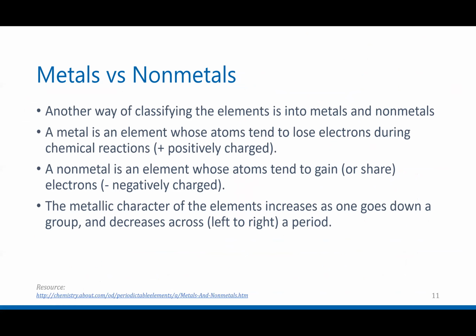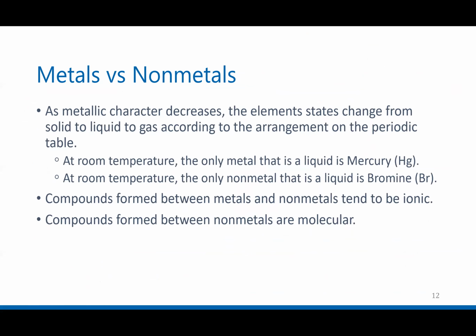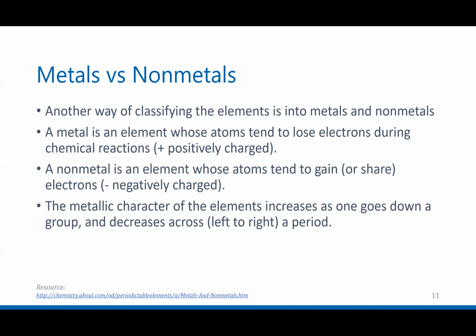I'm going to go a little quick through this because it is on this slide. One of the big things you will need to know for chapters 3 and 4 is that metals tend to form positively charged ions. And remember what we call those?